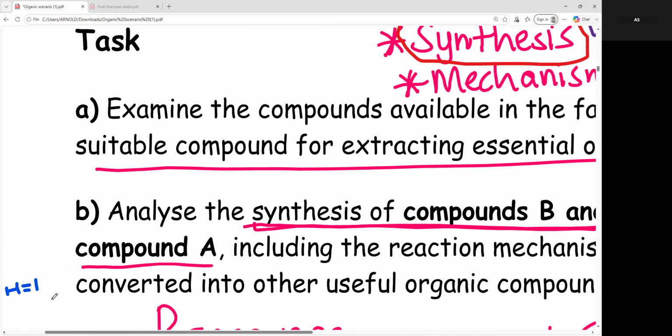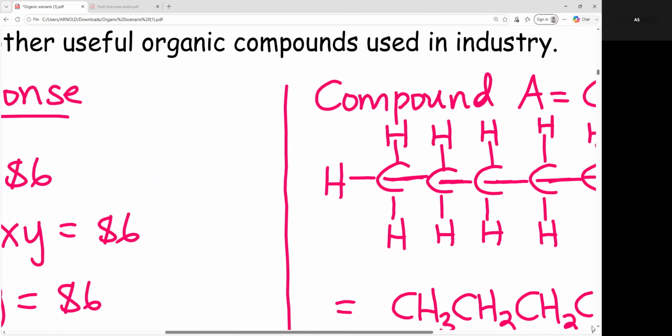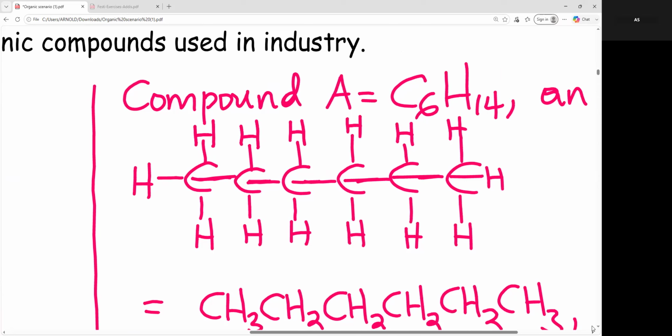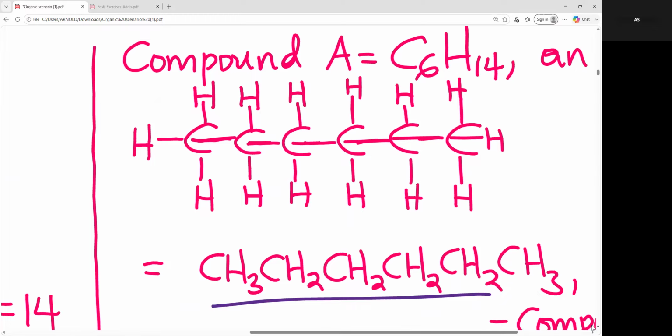Now, for compound A, what do we know about compound A? It has been explained here clearly that it is hexane. That is compound A, hexane.